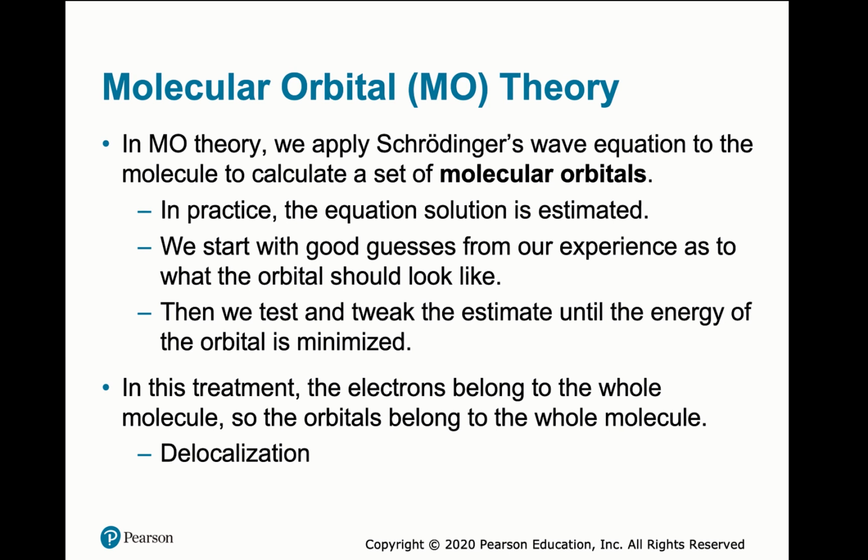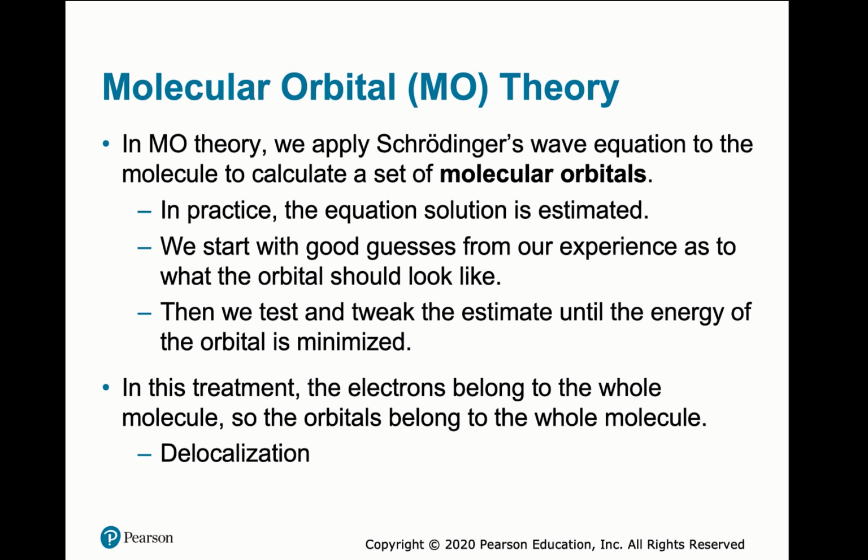I know this is an intro class, but this is much more complicated, and I do encourage you to learn more about it. Unfortunately, at this level, the math skills tend not to be there to do that. The equation is typically estimated well, because it's hard to do exactly. It's computed, starting from what the orbital should look like, and these get better with higher computer technology.